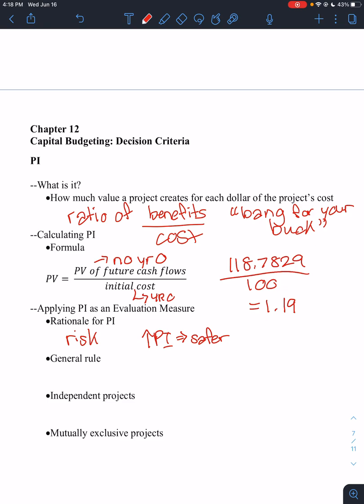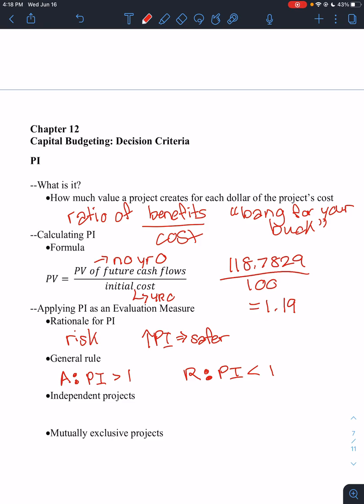Because think about it. The general rule, of course, is we want the top number to be bigger than the bottom number, right? I want my benefits to be higher than the cost. Well, for the benefits to be higher than the cost, that means that we're going to accept anytime we have a profitability index greater than 1, and we're going to reject anytime we have a profitability index less than 1. Simple as that. Right?